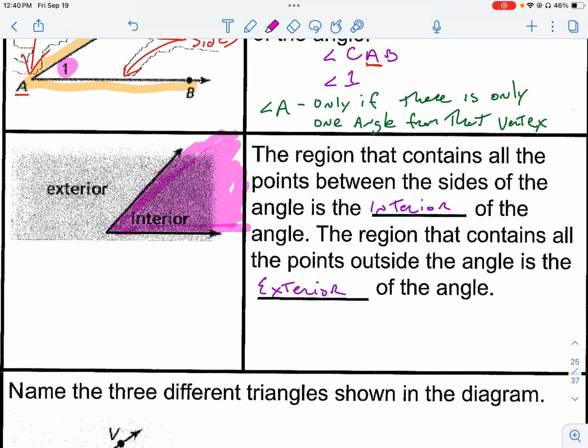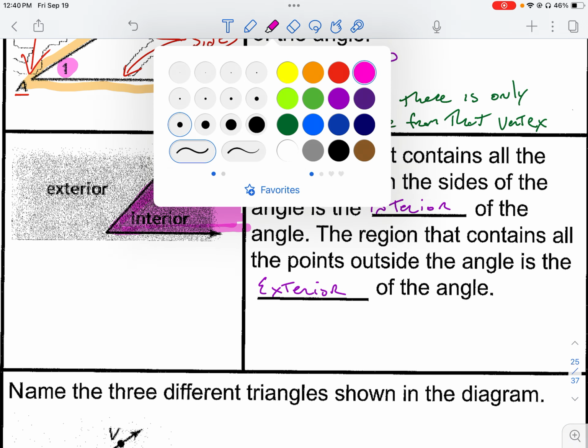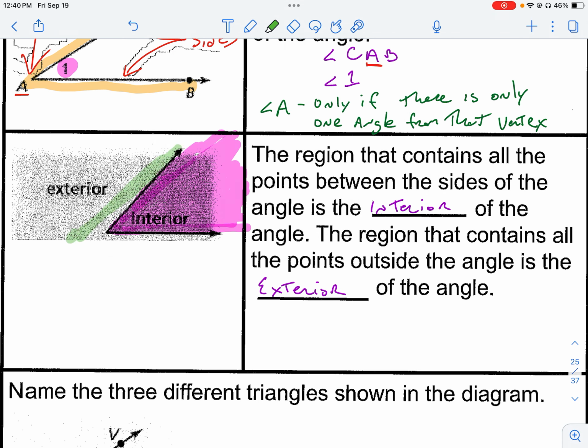It is inside the angle. And everything out here, the whole rest of this box, is the exterior of the angle. So everything outside the angle.